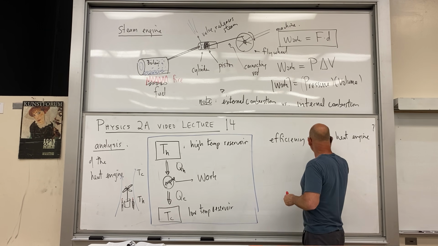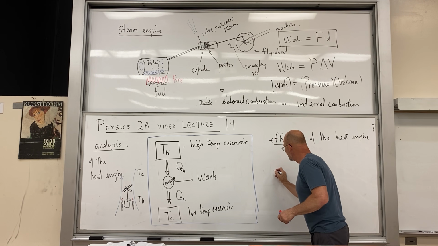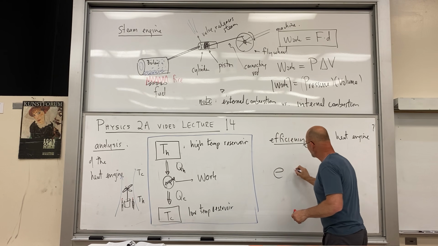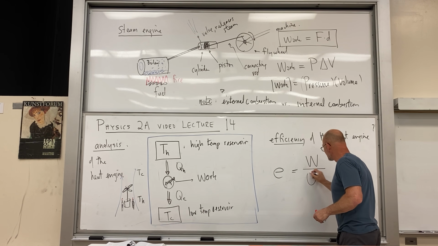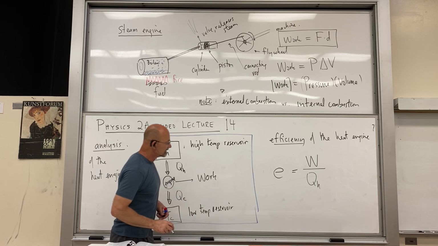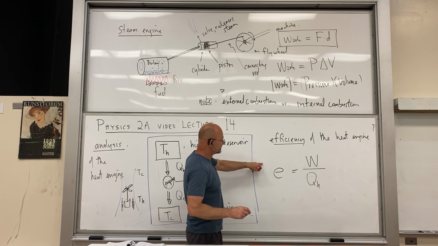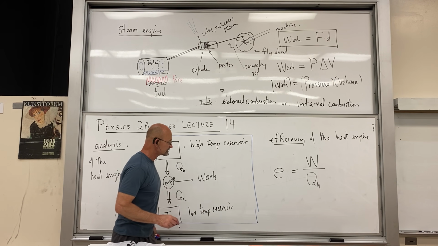So the efficiency is the big question, and it's defined, letter E, as equal to the work that you get out divided by the thermal energy that you put in. This is a dimensionless quantity, work divided by energy that you put in.